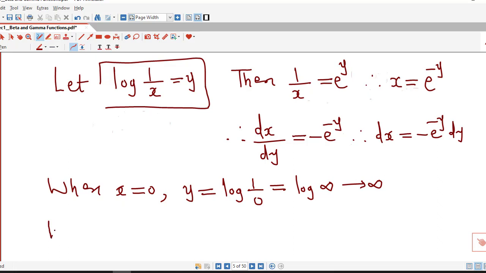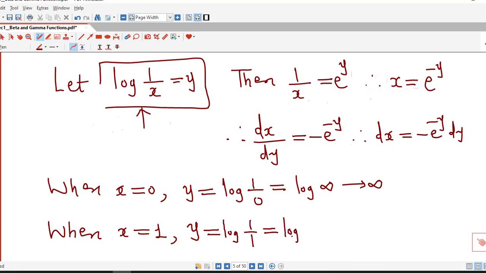So the limit of y corresponding to x equal to 0 is infinity. The upper limit for x is 1. If we put x equal to 1 here, y is log of 1 by 1, that is log 1, so we obtain 0. So the limits of y are from infinity to 0.